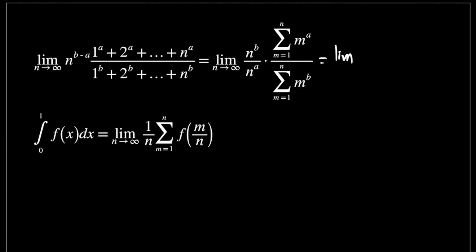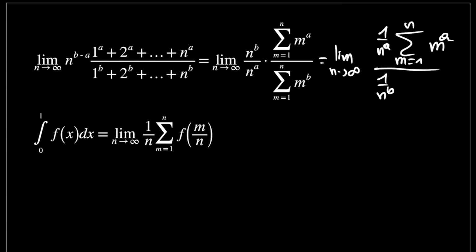So we would have the limit as n approaches infinity of 1 over n to the power of a times the sum from m equals 1 up to n of m to the power of a, divided by 1 over n to the power of b times the sum from m equals 1 up to n of m to the power of b, of course.